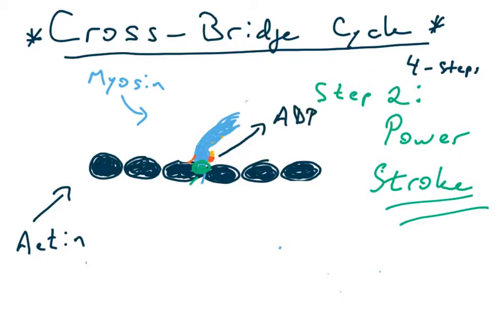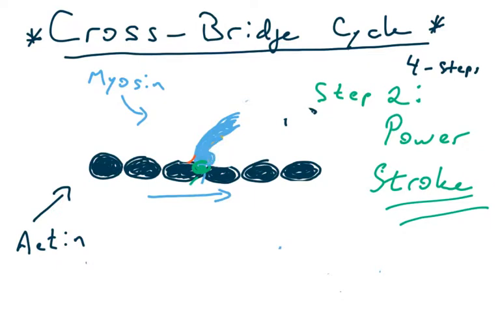And what this causes is for the myosin head to pull on the actin filament, causing the actin to go this way, towards the center of the sarcomere itself, causing the shortening of the sarcomere. And so at this point, let me clean this up here.